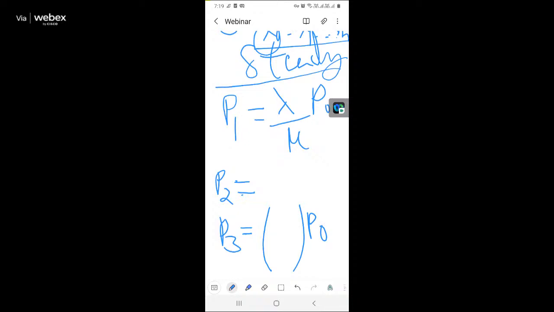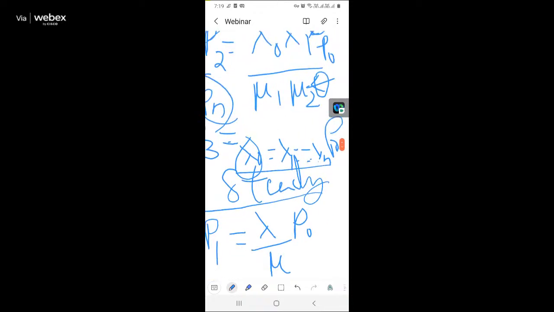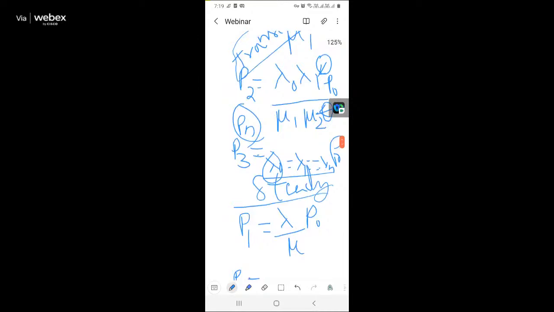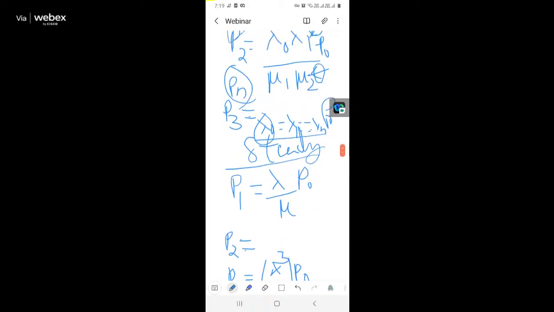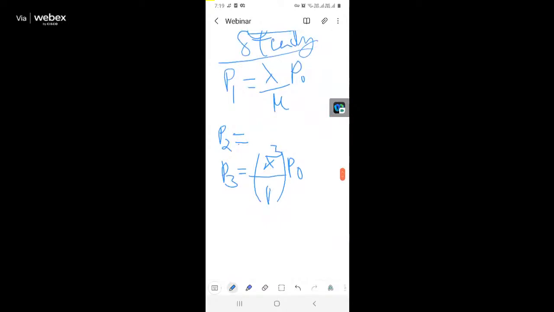So for P3, in the previous case it was lambda naught, lambda 1, lambda 2, and all three are equal to lambda. So can I write lambda cube here? Okay, so this is lambda cube divided by, there it was mu1, mu2 and mu3. Here I can write it as mu cube. So it is simply lambda by mu whole cube into P naught.